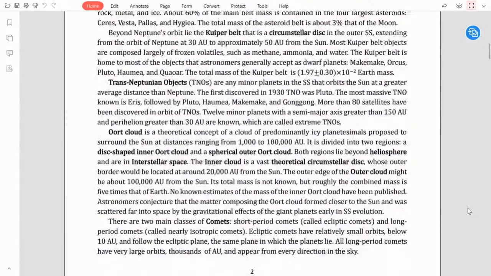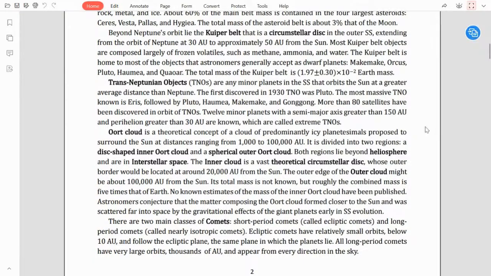Trans-Neptunian objects are any minor planets in the solar system that orbit the Sun at a greater average distance than Neptune. The first discovered, in 1930, was Pluto. The most massive known is Eris, followed by Pluto, Haumea, Makemake, and Gonggong.